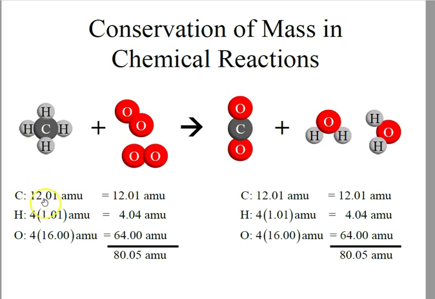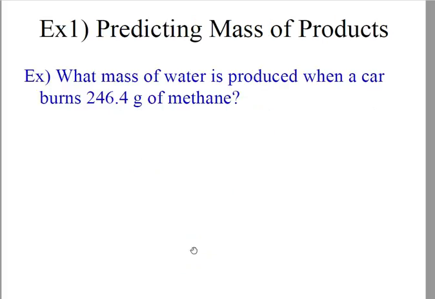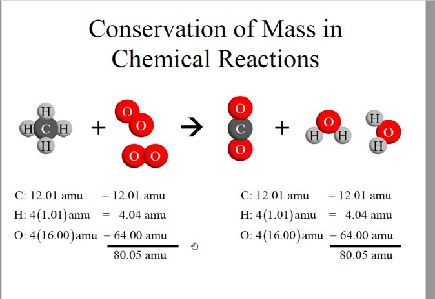We can also look at the mass in this chemical reaction. So we have a conservation of atoms, and we also have a conservation of mass. So each carbon has a mass of 12.01, each hydrogen 1 times 4, and each oxygen 16 times 4. So if you calculate the mass for the reactants and products, those are the same as well. So knowing that these atoms can't be created or destroyed, they're only rearranged, allows us to do calculations in which we figure out how much of a reactant or product would be required or made.